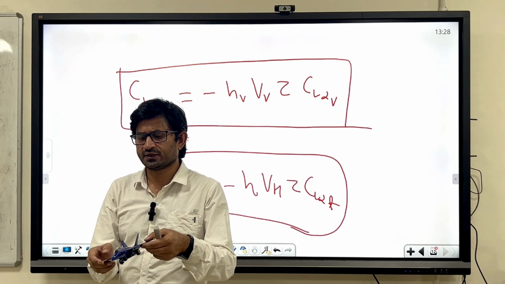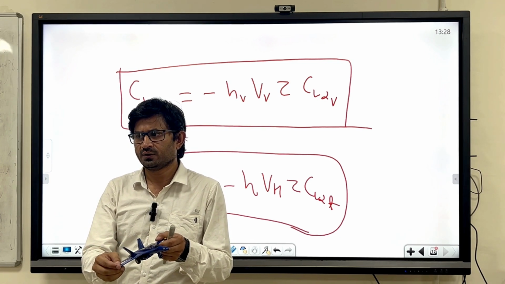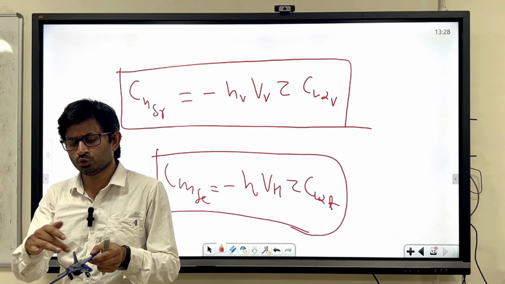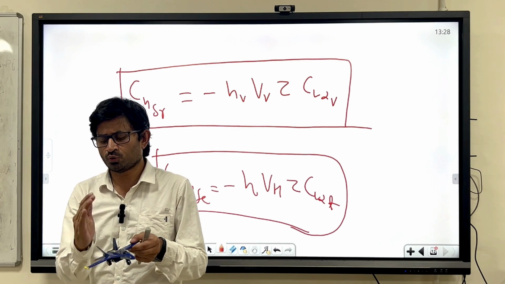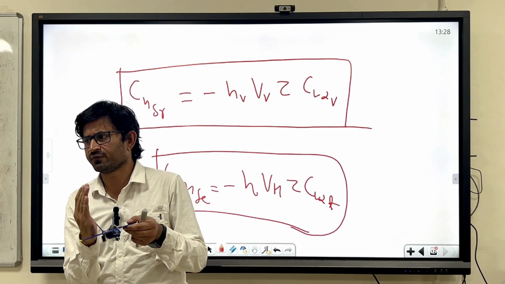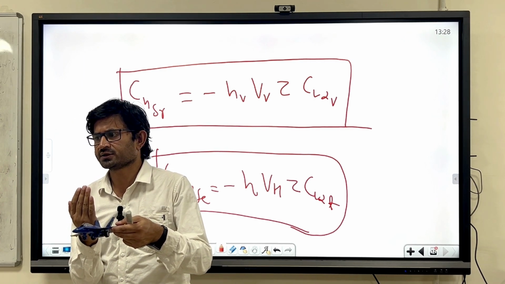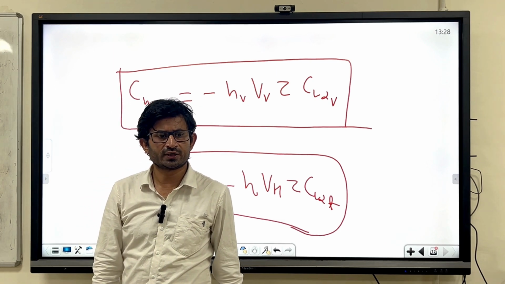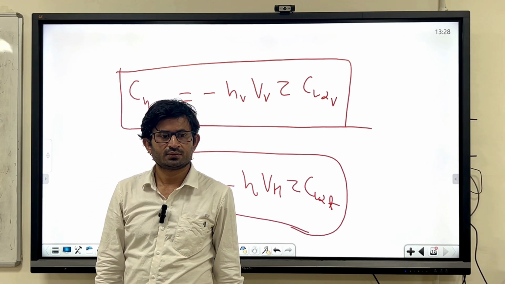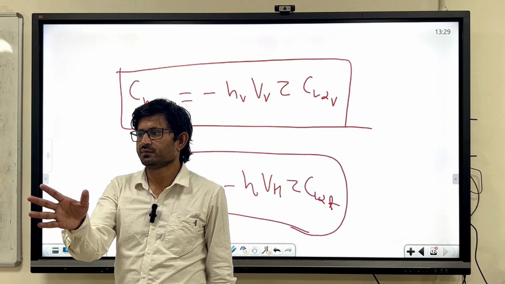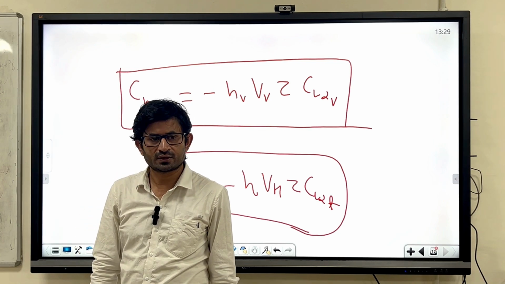So that differential drag will try to yaw in this direction. But since you are rolling in this direction, you don't want this motion, right? So what will you do? You will deflect the rudder in this direction to counter this yaw. That is how you will achieve the coordinated turn, rolling without side slipping. That is one job of the rudder.